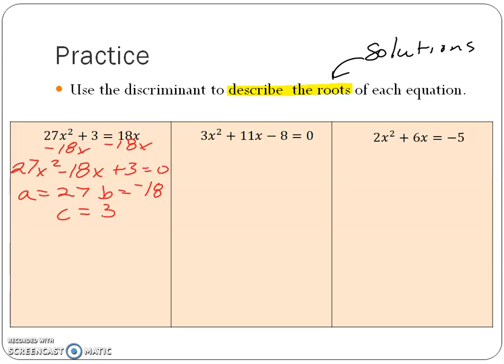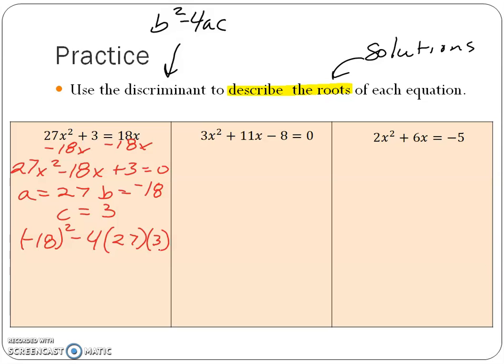Now, I don't need to plug this into the quadratic formula. We're going to use the discriminant. Remember, your discriminant is b squared minus 4ac. It's the part that's underneath the root. So b squared, negative 18 squared, minus 4 times a, which is 27, times c, which is 3.